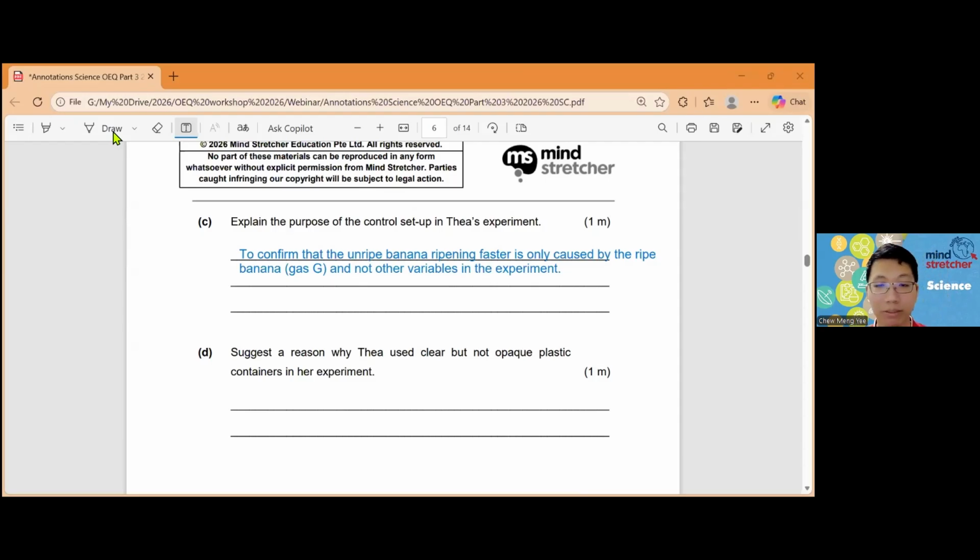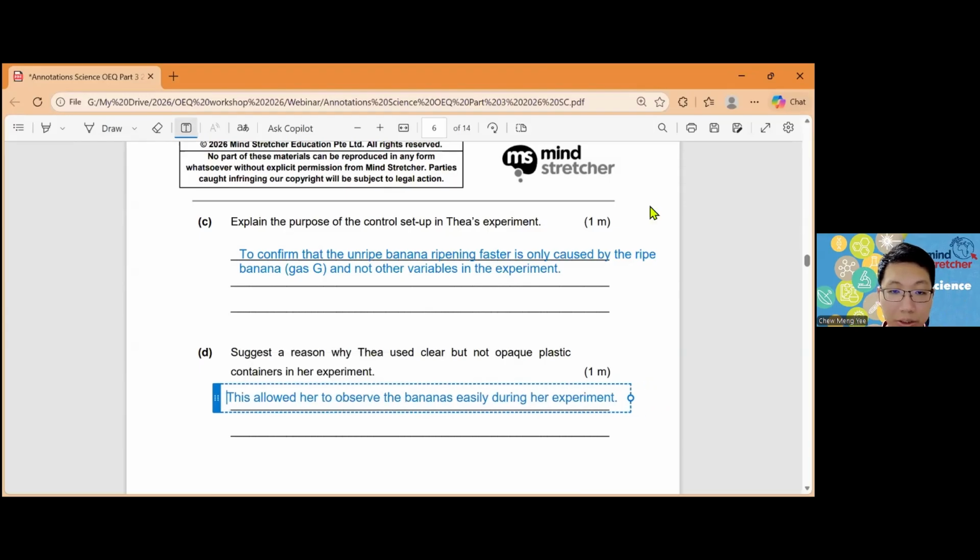So of course, it's for experimental reasons. We want to observe the change. She wants to observe how the bananas change during the experiment. So using a clear plastic container allows the observation to be recorded easily, or something close to that, or to be able to see the bananas or the experiment.